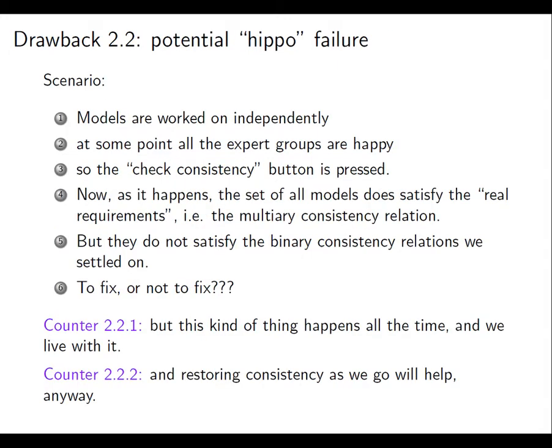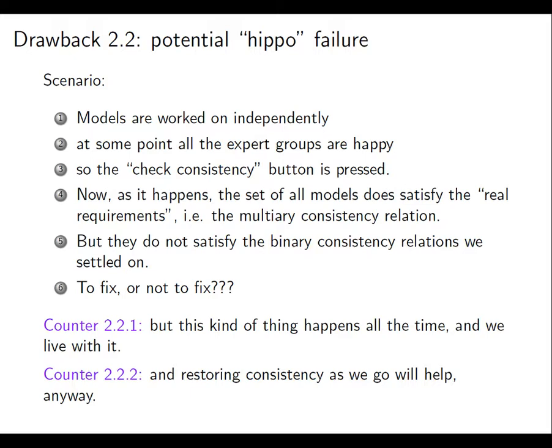This slide is really for people who are already familiar with BX, and it amounts to saying that a downside of restricting the development more tightly than the original requirements did is that you might falsely reject what is actually a good solution. So the scenario that we might have here is that we have our original multiary consistency relation, and we have a collection of binary relations that implement that.